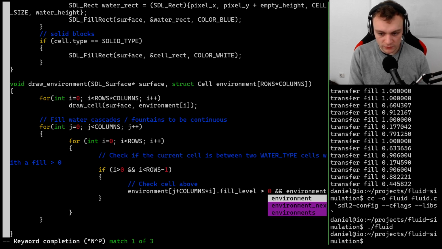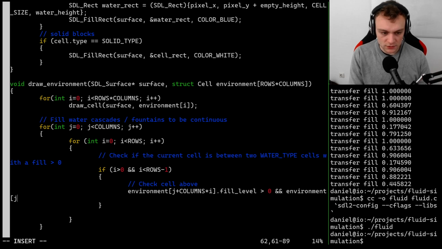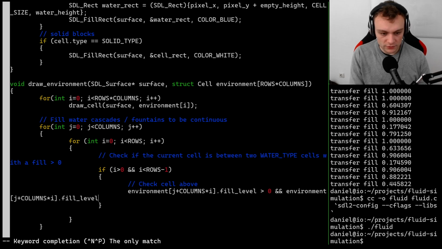So environment j plus columns multiplied by i dot fill level bigger than 0.